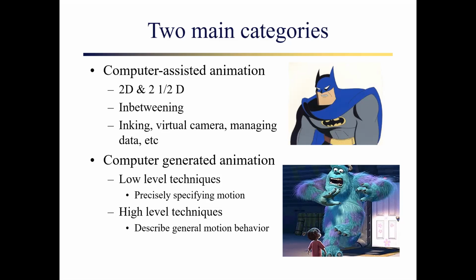Meron din tayong high-level techniques, describing the general motions behavior. So as you can see on the right side of the picture, yung ating computer-assisted animation, 2D lang, not unlike dito sa computer-generated animation.